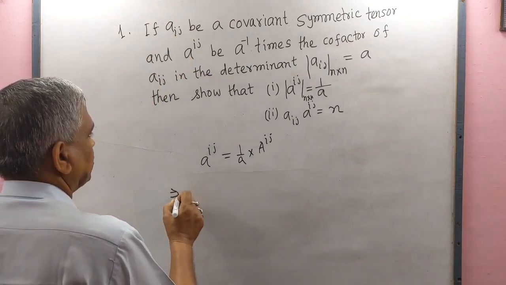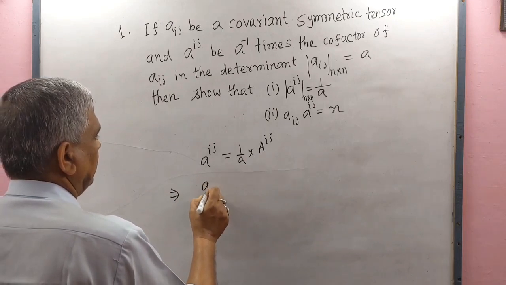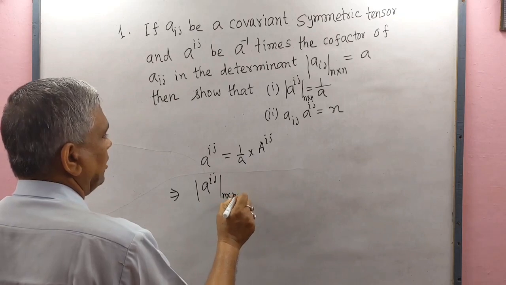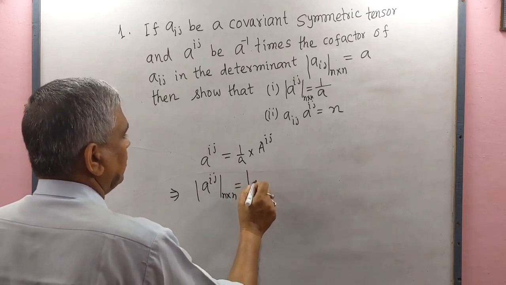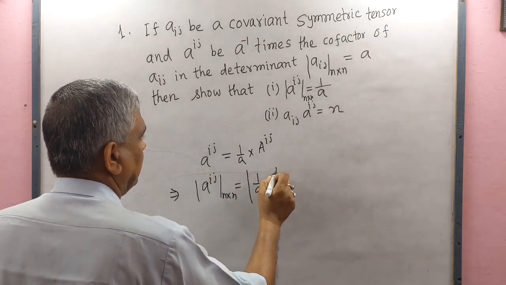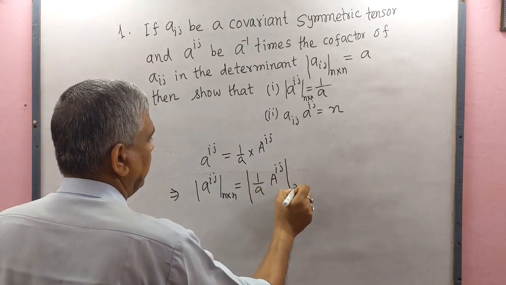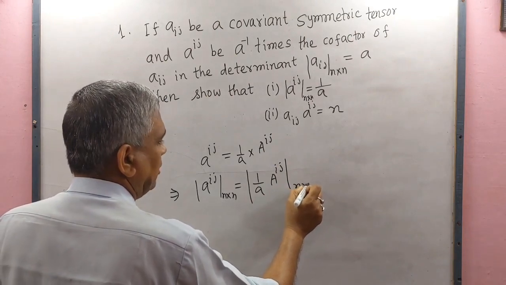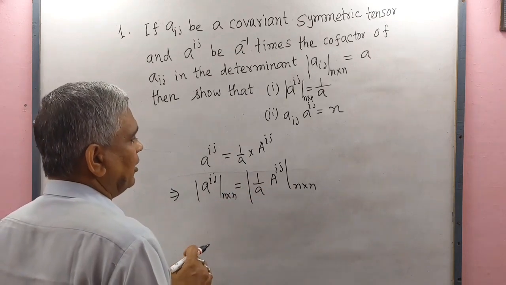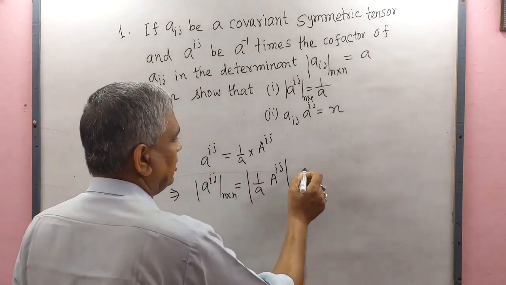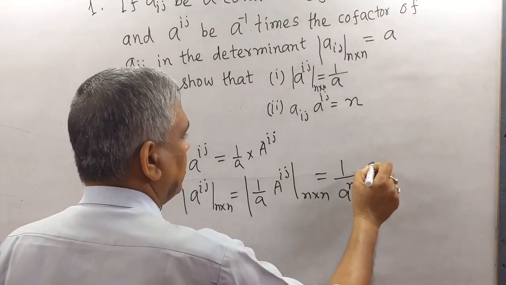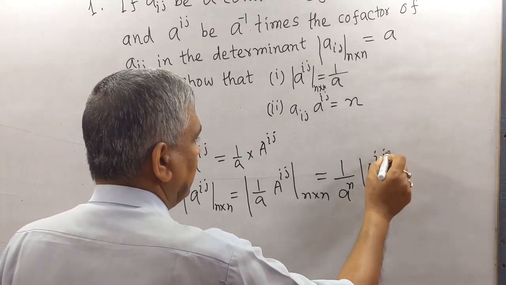Take the determinant on both sides. Determinant of A^ij, n by n, equals determinant of 1 by a times A_ij, n by n. If we want to take out 1 by a, it will come out as 1 by a to the power n into the determinant of capital A_ij.